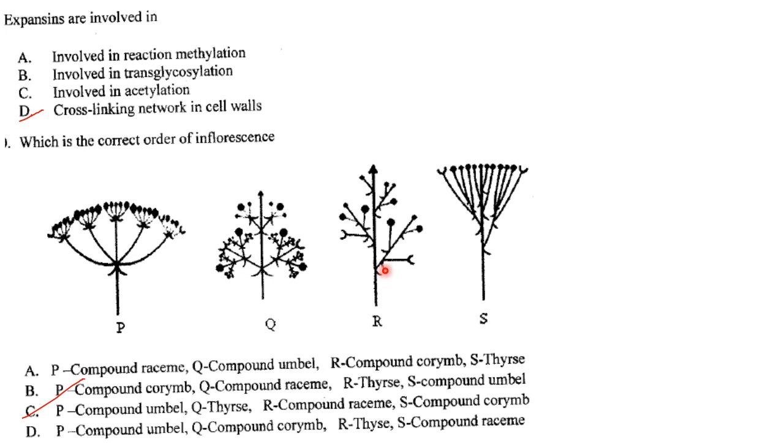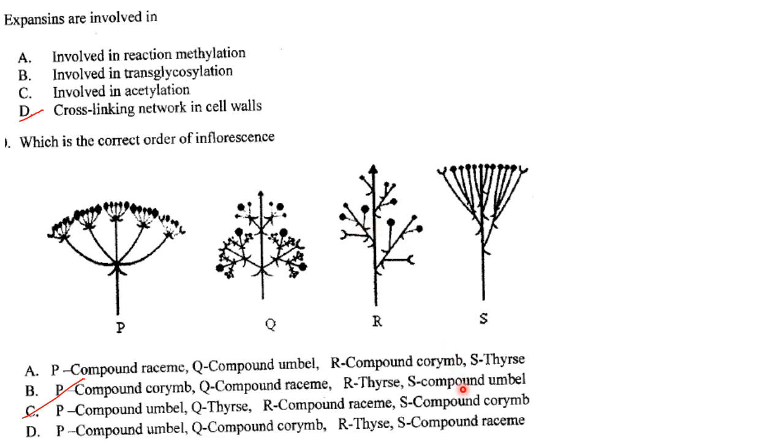That is the case of a compound raceme. So the main axis is branched and the lateral branches bear flowers in a simple racemose manner.